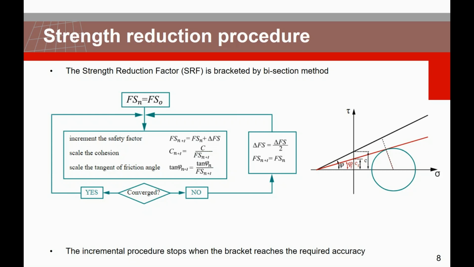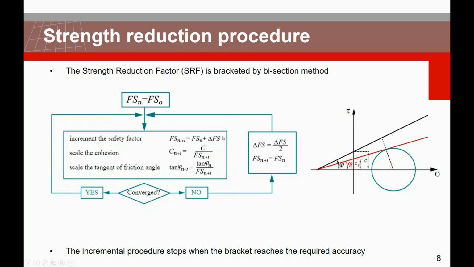Next, the strength reduction module is run to determine the factor of safety. At each iteration of this process, a nonlinear analysis is carried out. On this schema, you can see the iterative procedure for the factor of safety.